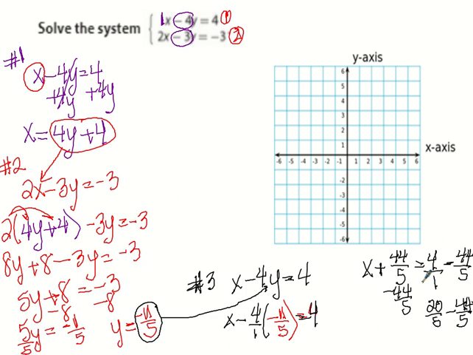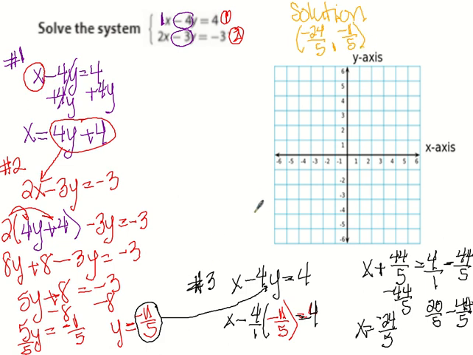And so our final answer for x is going to equal negative 24 over 5. So now that we have our two numbers, x and y, our solution would be negative 24 fifths, comma, negative 11 fifths.